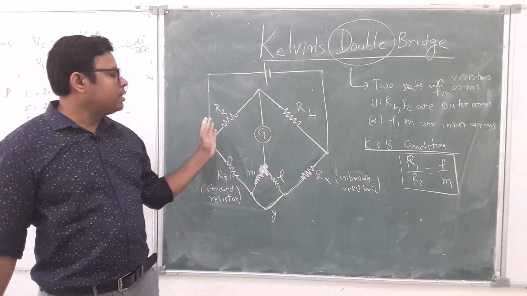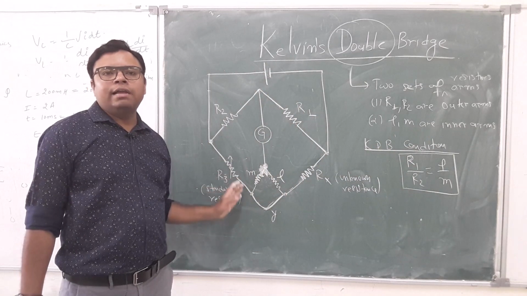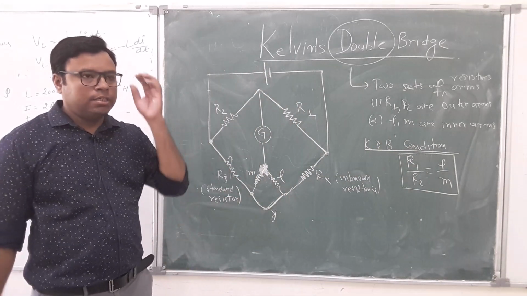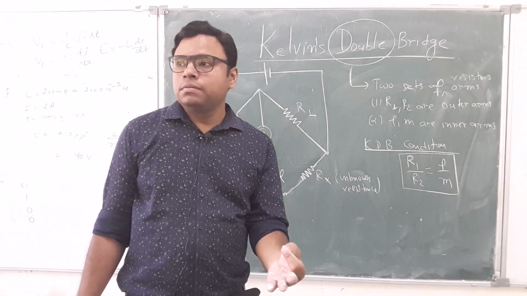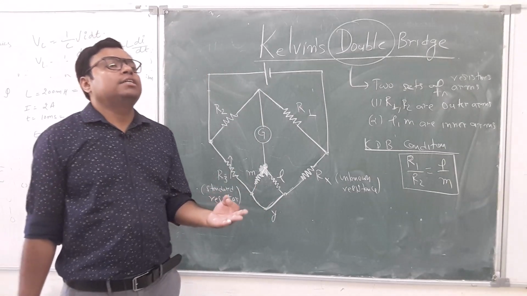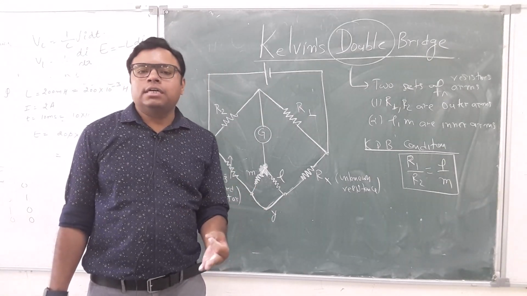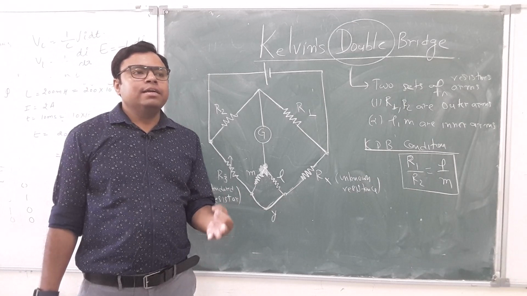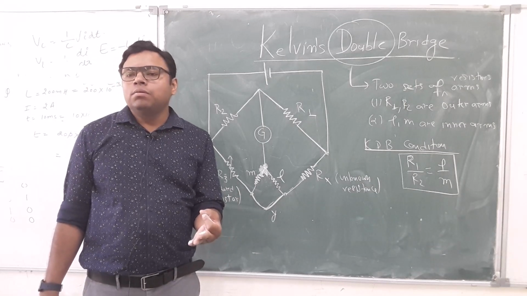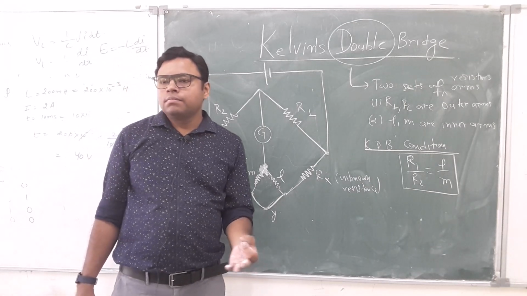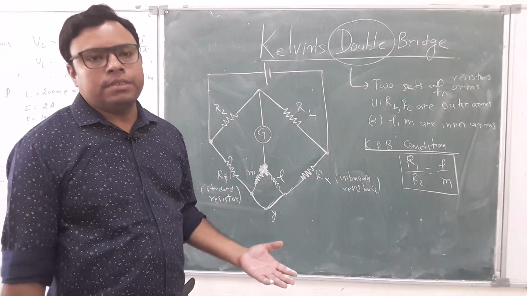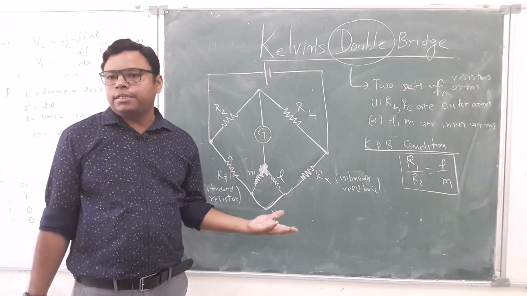So R1 by R2 is in ratio with L by M. This is the condition that we have imposed. We will take care of this condition, and then we will get the resistance value more accurately in comparison to the Wheatstone bridge. Far more accurate.